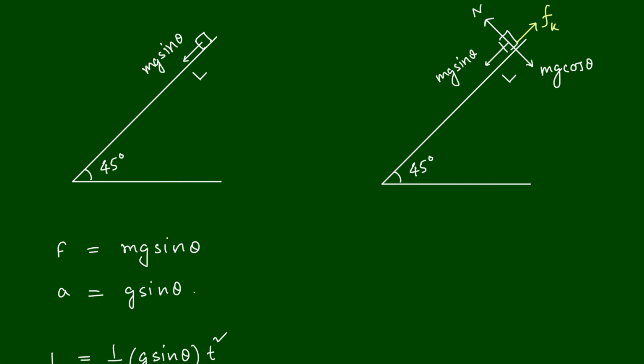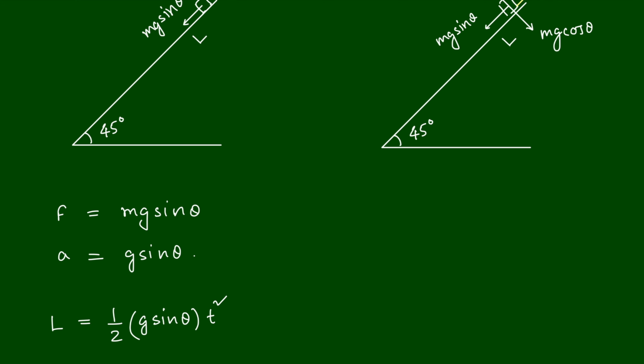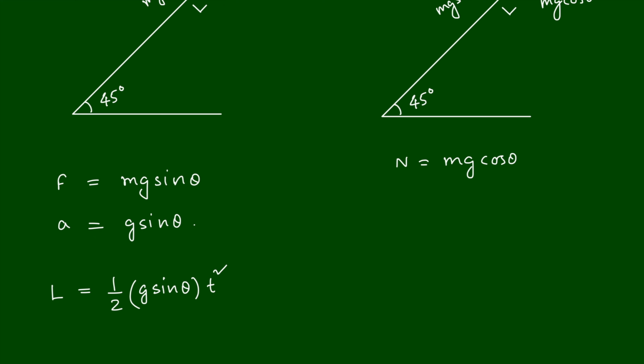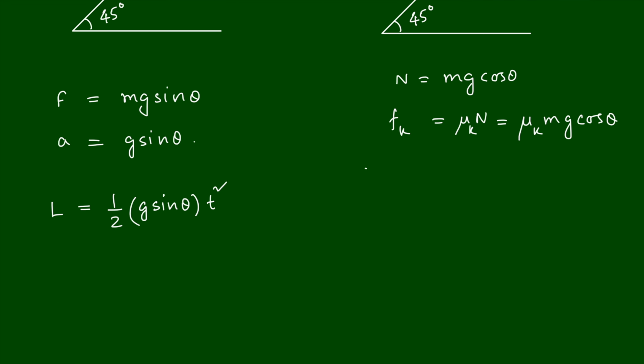First of all, normal reaction is equal to mg cos theta, and Fk is equal to mu times N, that is mu k times mg cos theta.